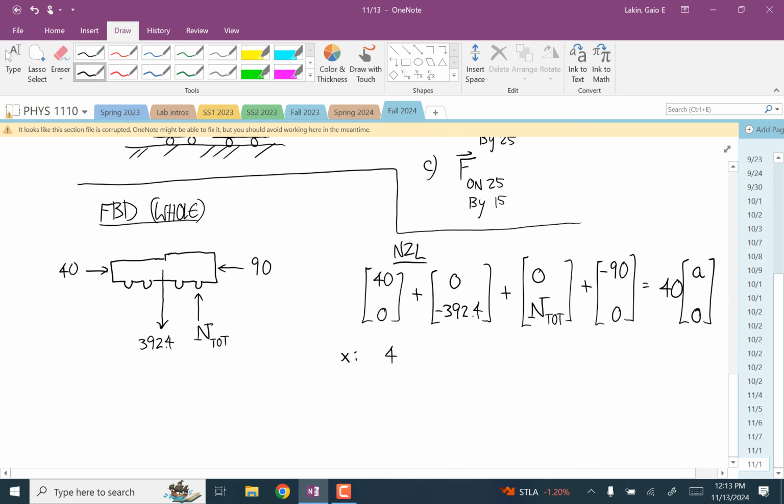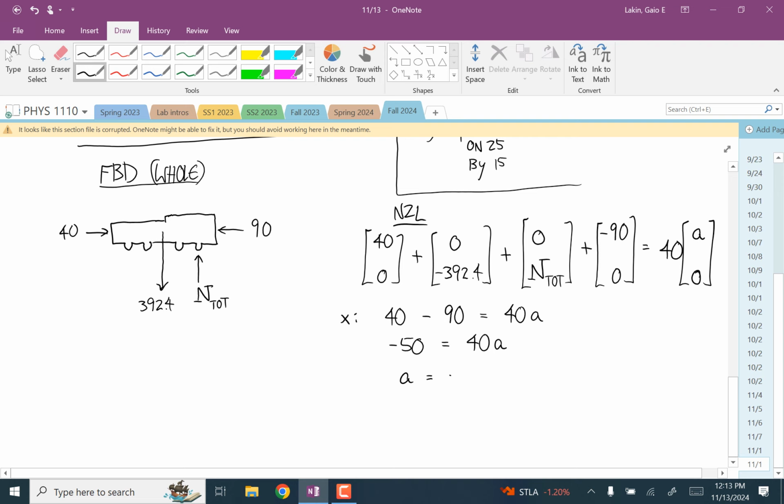And that says 40 minus 90 is equal to 40a. So negative 50 is equal to 40a. Divide both sides by 40, and you get that a is equal to negative 1.25 meters per second squared.